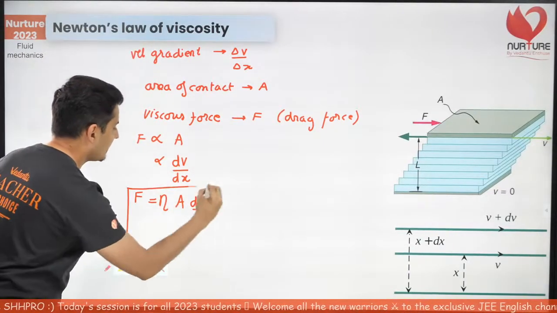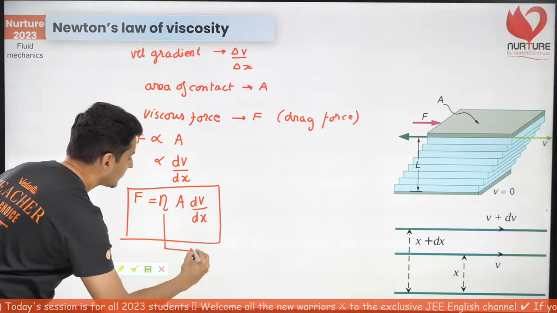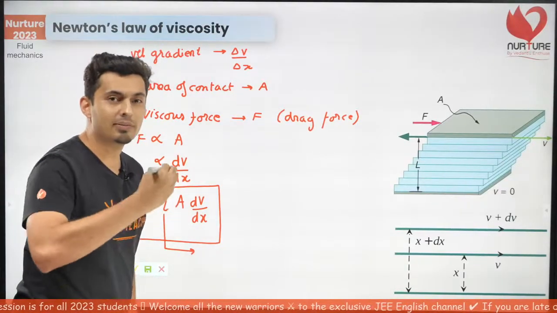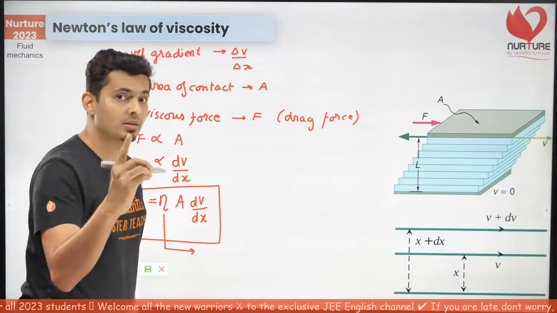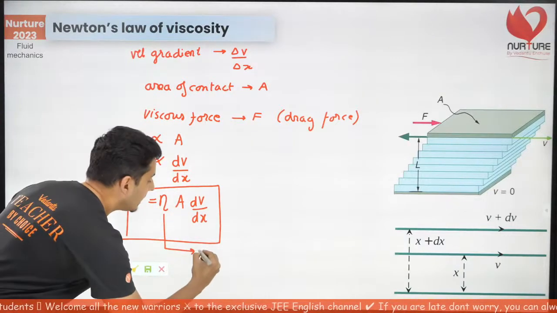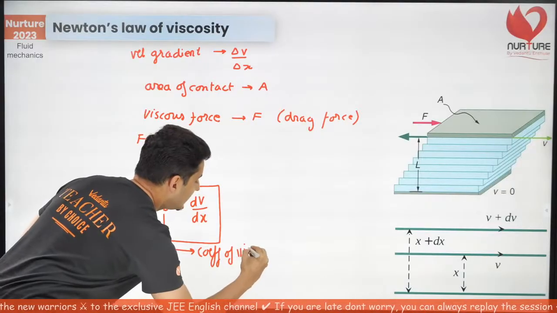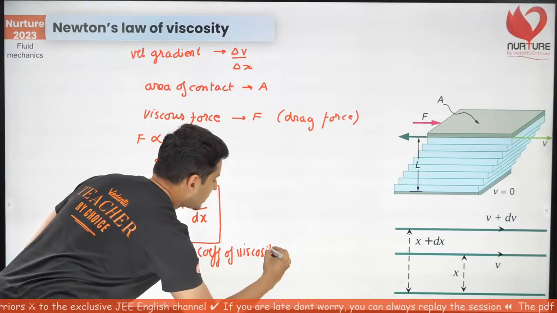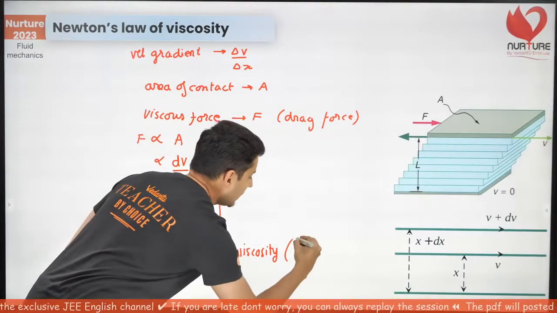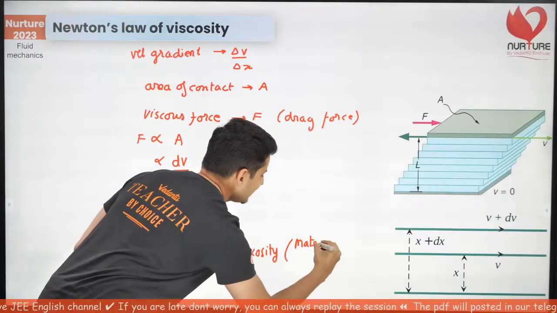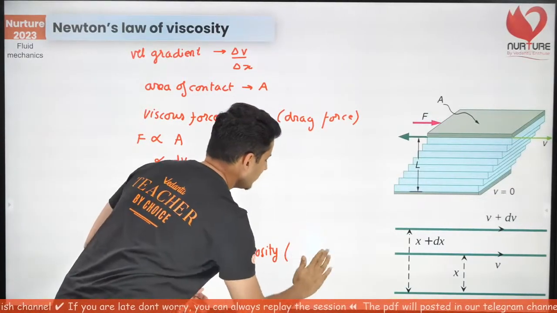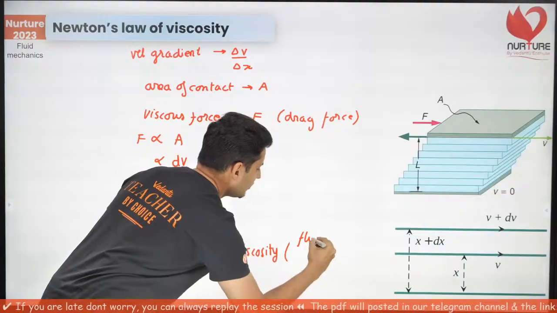That is a very important constant, just like the coefficient of friction, which depends on the surfaces. In the same way this eta, which is the coefficient of viscosity, depends on the material, basically the liquids. So I'll just put over here, it depends on the fluid.